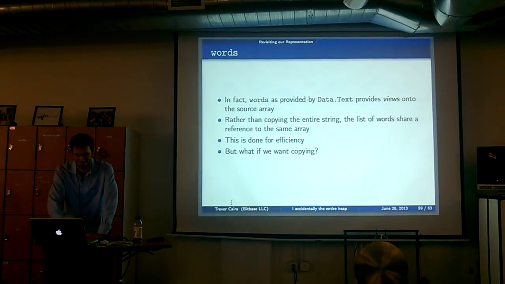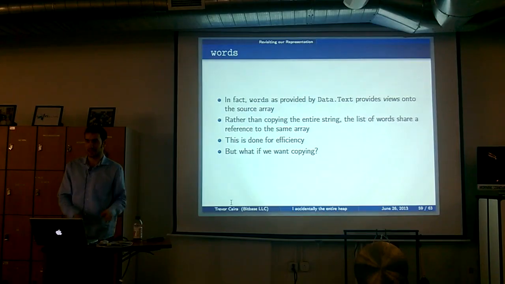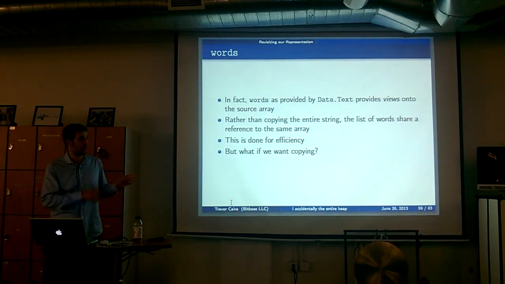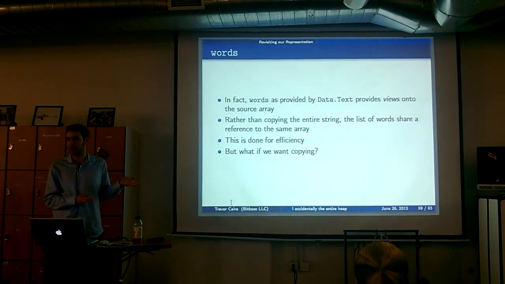Wrong. What words does, as given to us by data.text, is the right thing in almost every other case, which is giving us a very efficient view on the original array. So if you were going to store that array anyway, you don't have to store it twice, right?